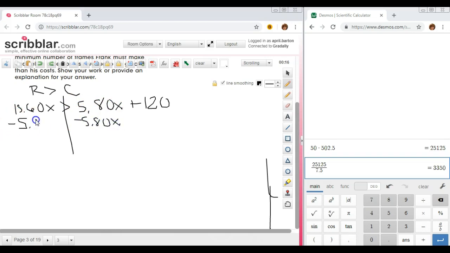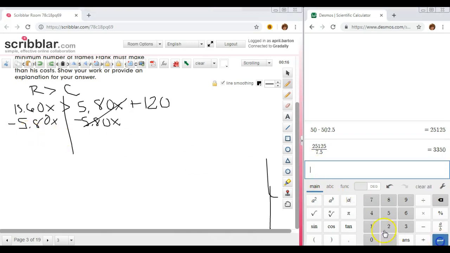When there's only one variable left, we end up dividing, but when there's more than one, we have to do the opposite of addition or subtraction. So 13.60 minus 5.80 is 7.8. And you can keep the 0 if you want, or you can just drop it. It means the same thing.